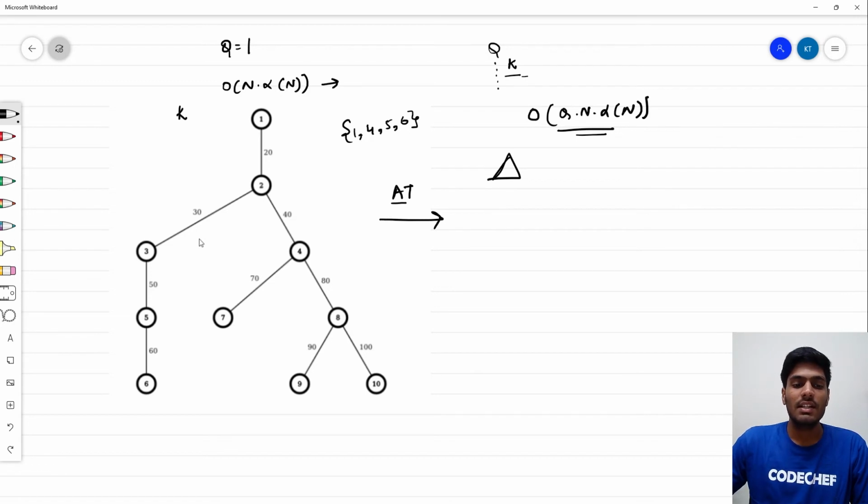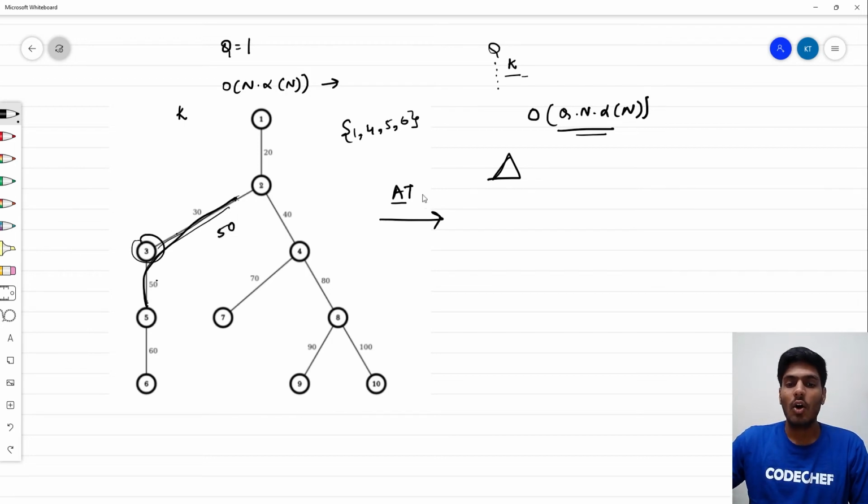What it does is it removes the useless vertices and contracts the edges, such that since 3 was not useful in our calculations, we'll shorten this whole path into a single edge, and the weight of the single edge will be the maximum weight in this path. So here it will be 50.